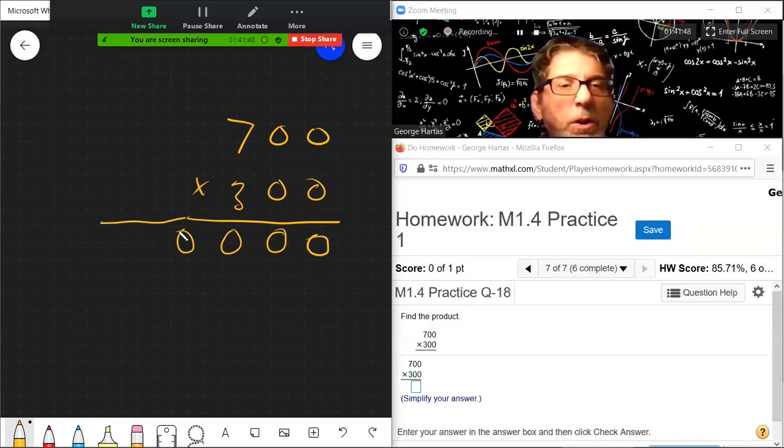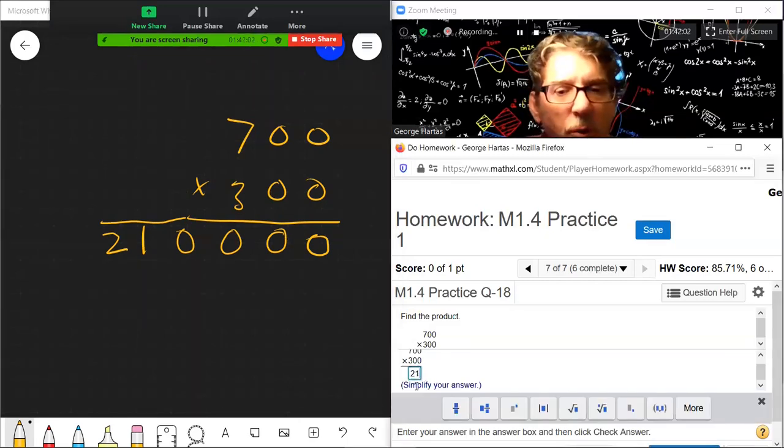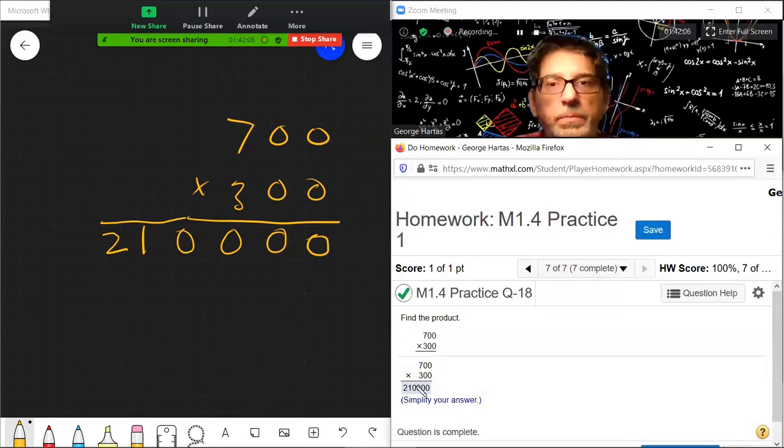And then I'm going to continue multiplying the non-zero digits. 7 times 3 is 21. And I'm done. So 2, 1, and 4 zeros. And that's pretty much how you multiply multi-digit numbers.